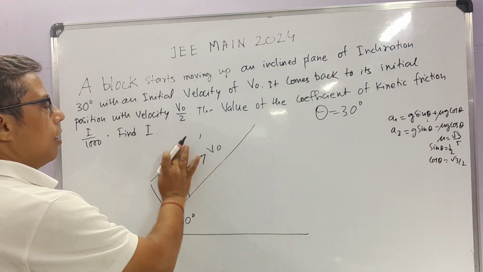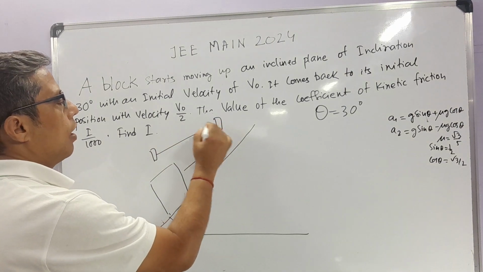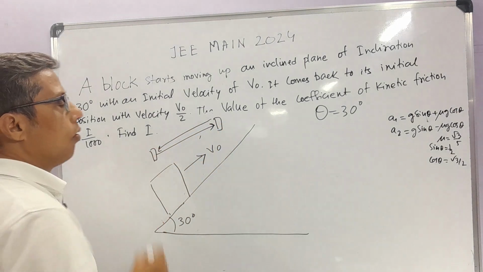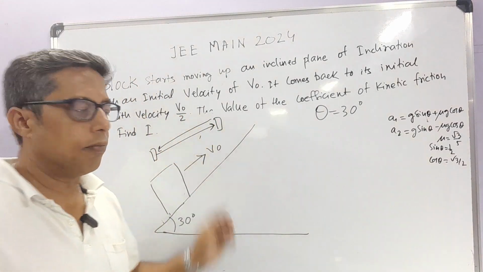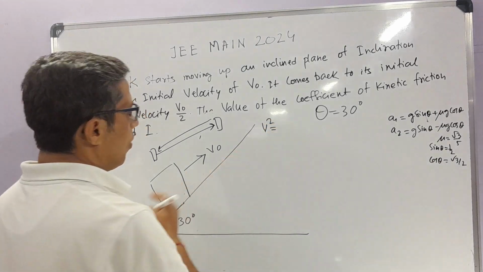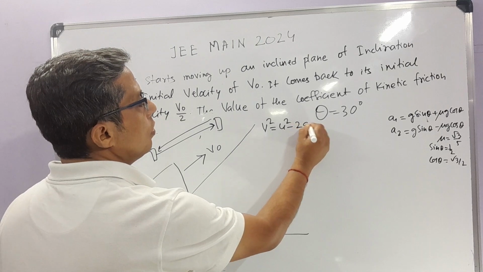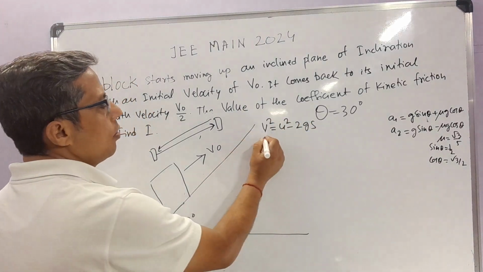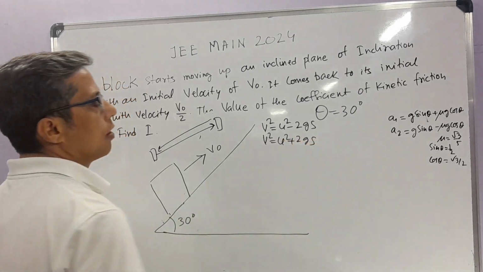So the block moved from here to this location, and from here it is coming back to the original position. So the distance traveled upward and downward is the same, right? Using the equation v square, for upward motion it will be u square minus 2gs, and for downward motion v square is equal to u square plus 2gs.